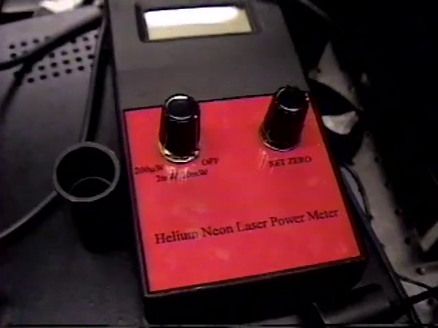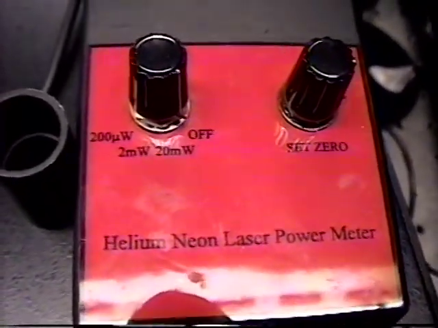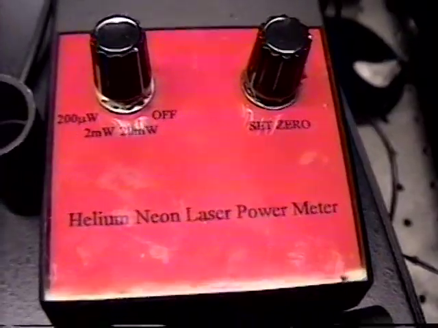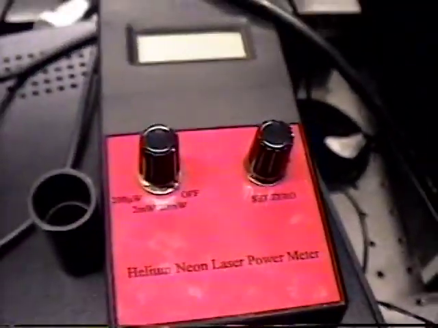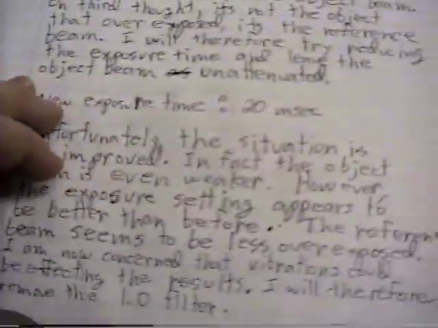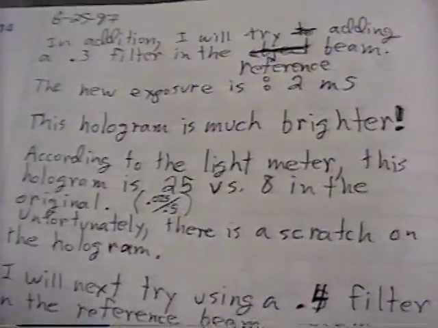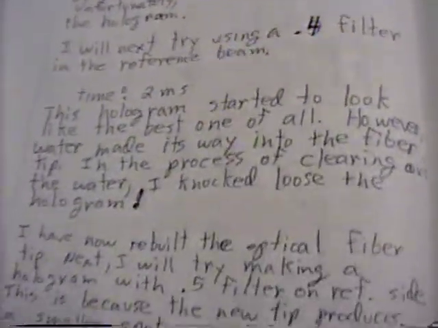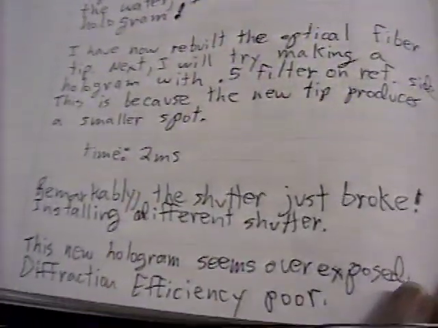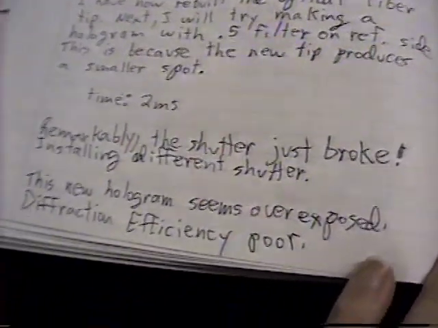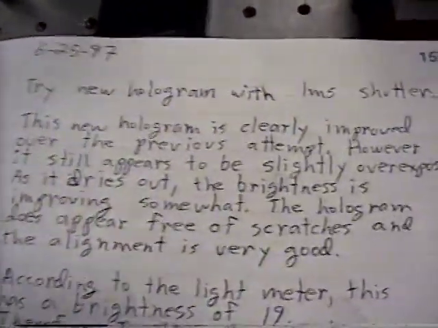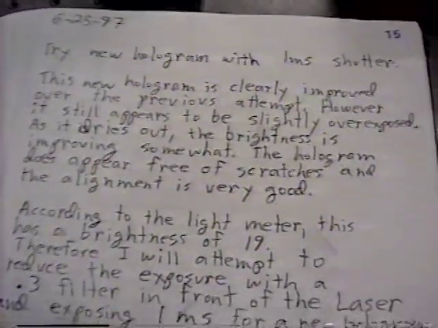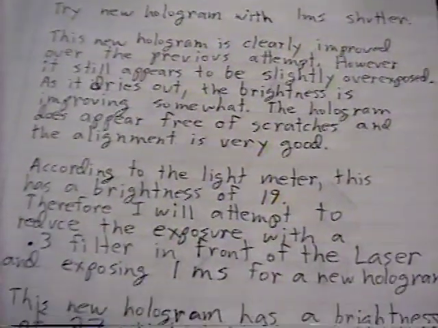Here's the light meter that I've been using. Really meant for helium neon lasers, but it seems to work fine also for the green. And it gives me a relative brightness that I can check against. So I did lots of tests, and all this is recorded in the book, which I'm not actually trying to put all onto video here, but this is in fact the notes of the book.